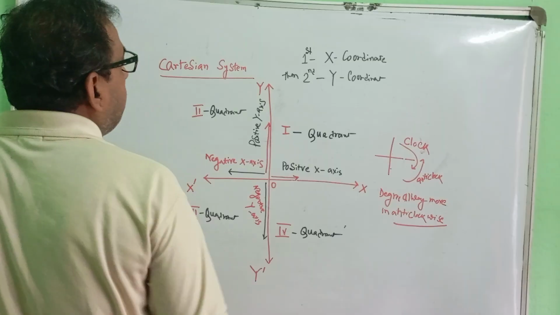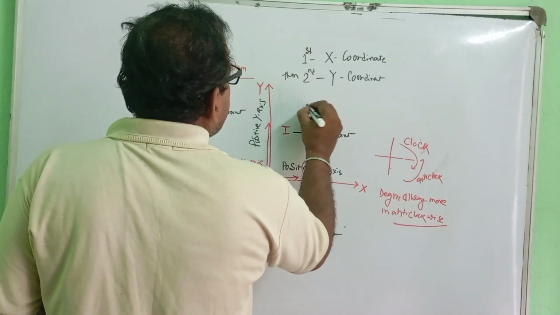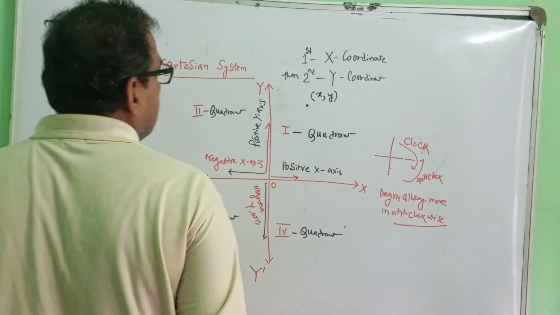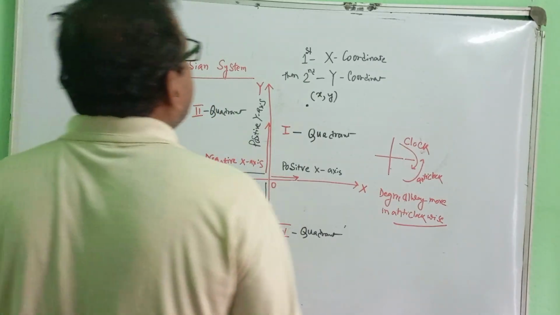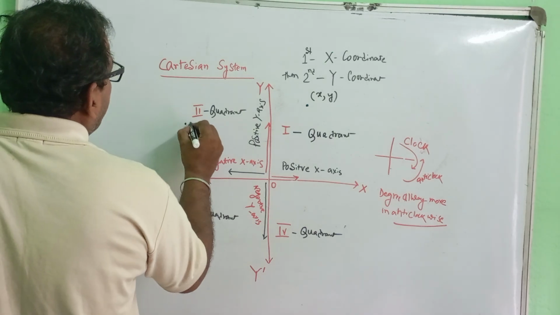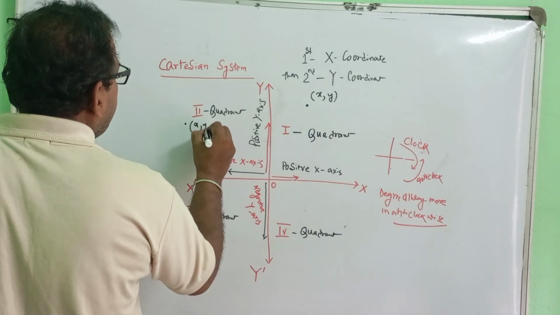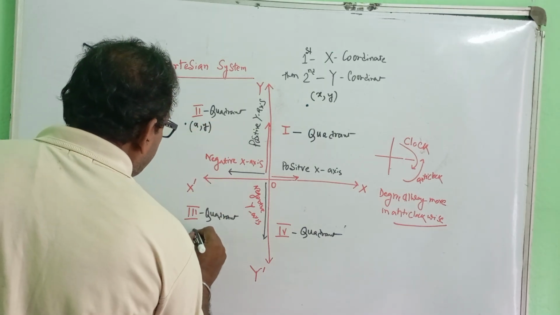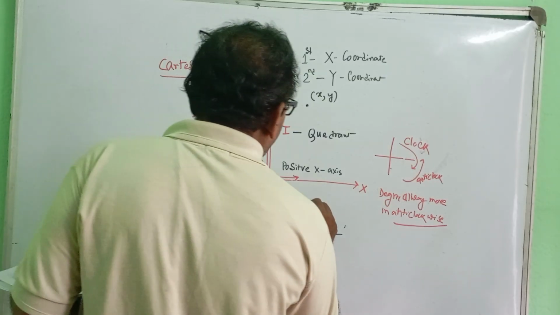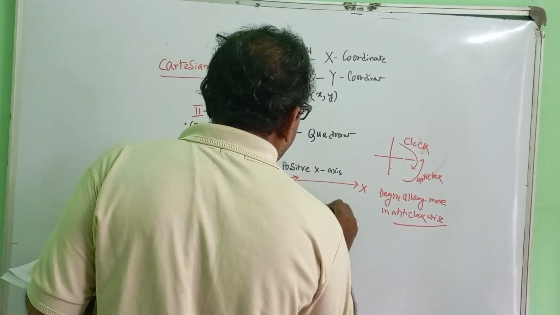Now if we put a point over here, this is x comma y. First x and then y. If we put a point over here, this is x comma y. If we put it over here, this is also x comma y.